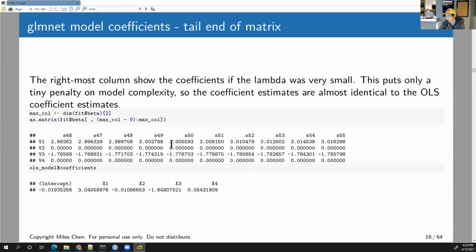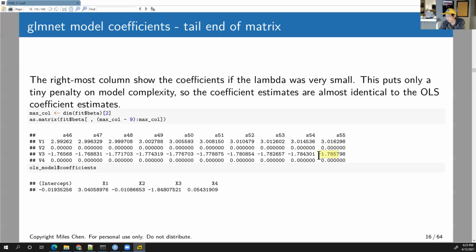So if I take kind of the tail, we're going to get up to S55, and even with lasso, there's even the kind of the smallest values here. There's a little bit of penalty, and so it kind of pushed the x2 and x4 coefficients down to 0, right?